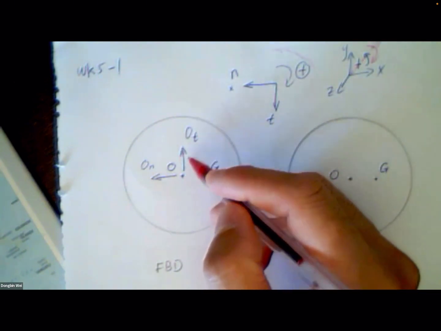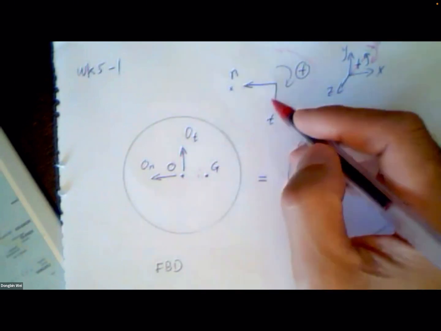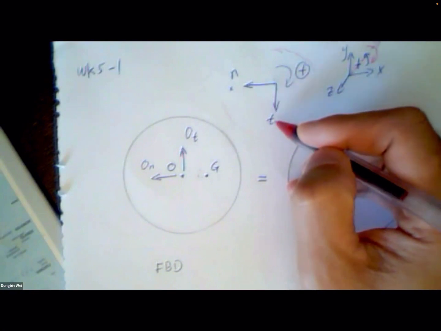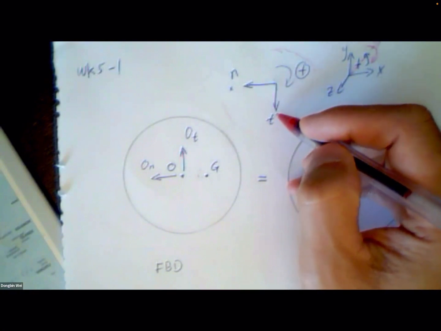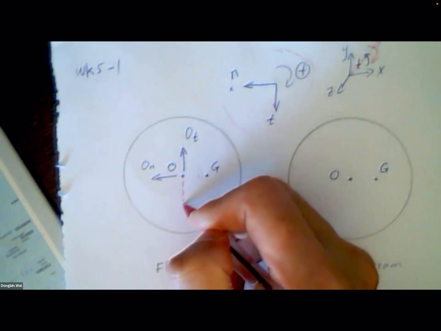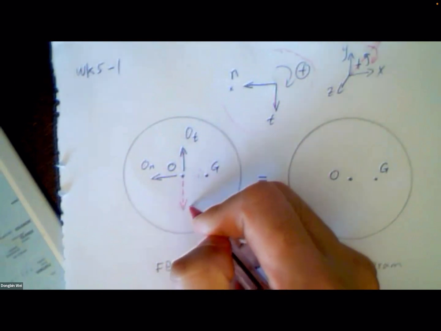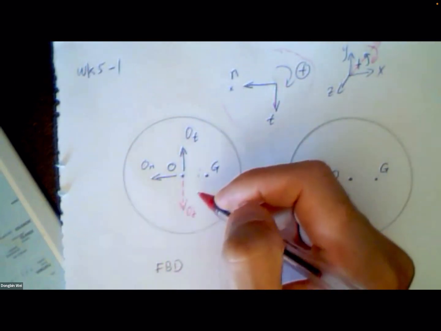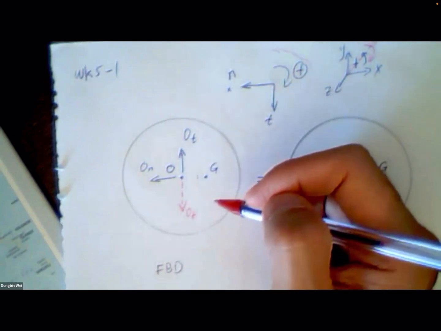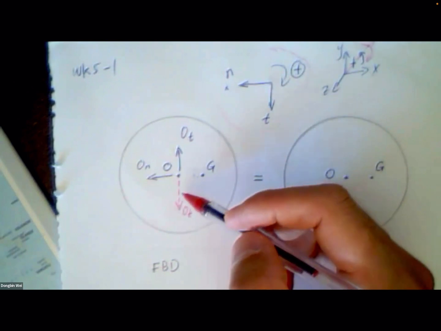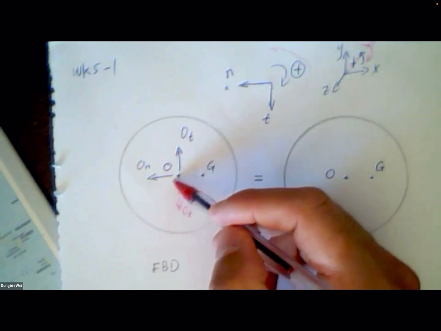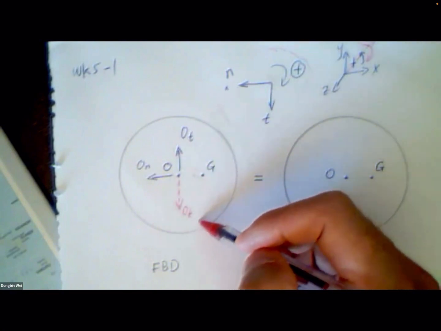If I assume OT is positive, according to this coordinate system, because downward is the positive T direction, that means in my following calculation I assume OT is downward, positive. In my following calculation, I will use this assumed positive direction of OT.